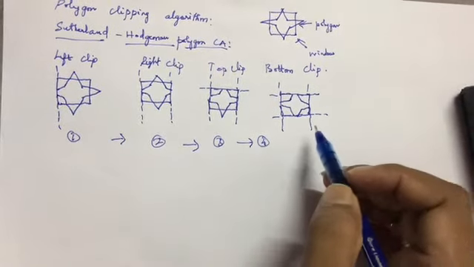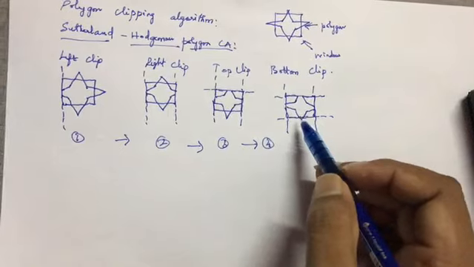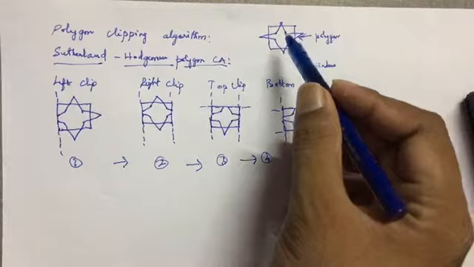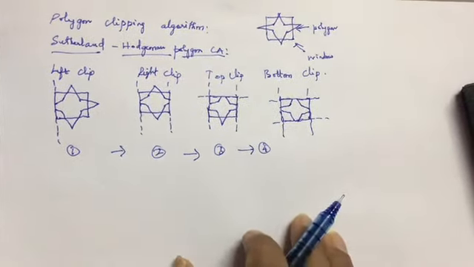So the final clipped polygon will have this as output, considering this as the original polygon.